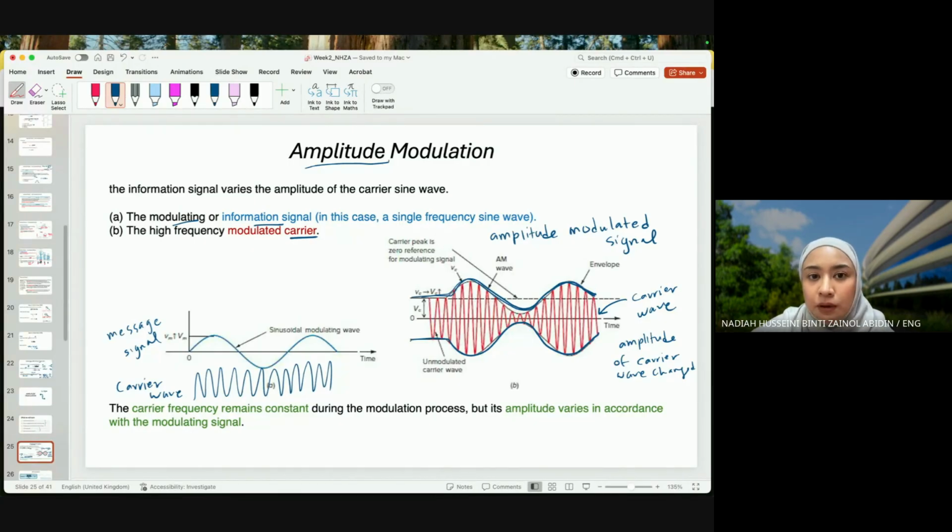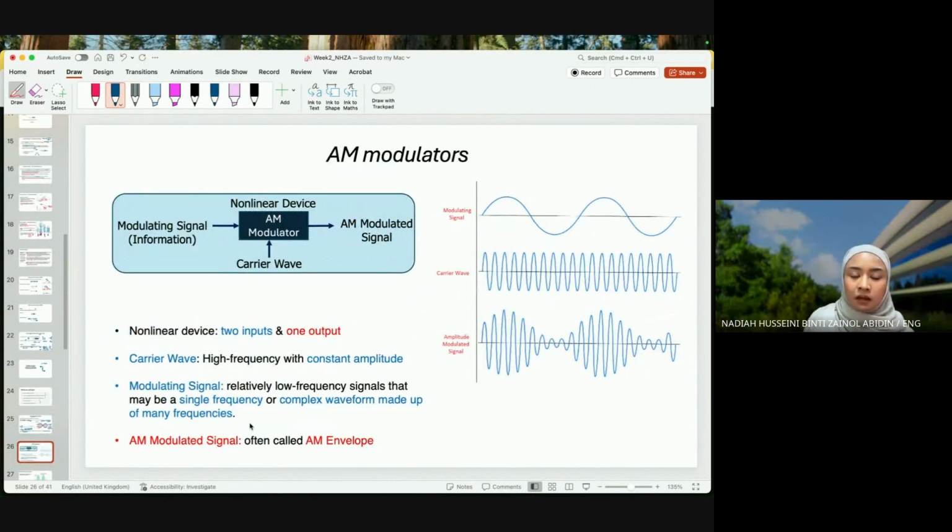It follows the shape of the message. Here I have a note: the carrier frequency remains constant. Amplitude varies in accordance with the modulating signal. Moving on, to do amplitude modulation you need an AM modulator. The AM modulator is like a circuit. We have not discussed the circuit yet, but let's just imagine it's a box. What you need to feed into the AM modulator is a modulating signal, your information, and your carrier wave.